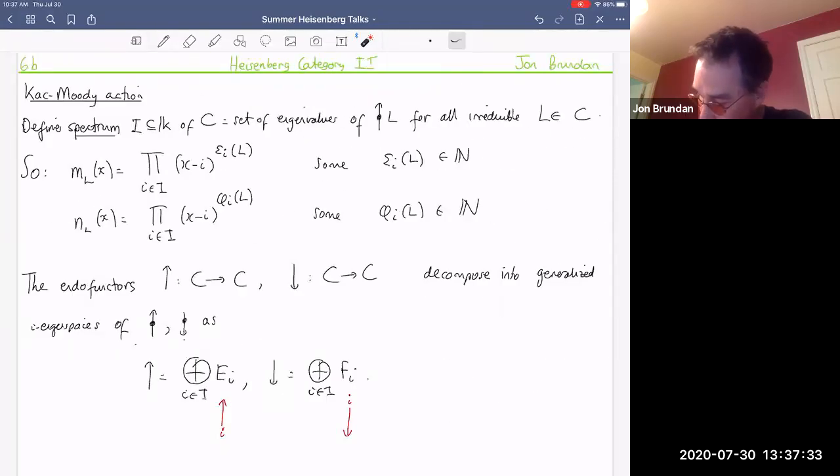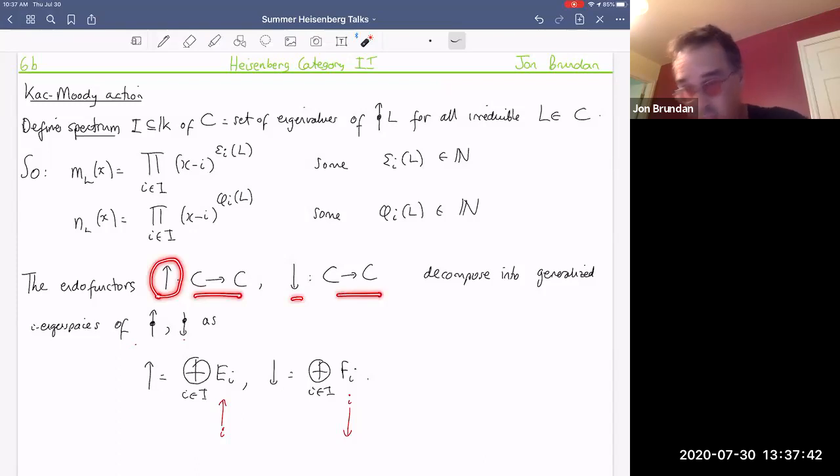So now I've got this endofunctor defined by the up arrow. It's an endofunctor of the category C, and the down arrow is an endofunctor of the category C. And these dots give me endomorphisms of these endofunctors. So I'm going to decompose them into generalized eigenspaces with respect to these dot endomorphisms. I'm going to call that E sub I. That's the generalized I eigenspace of the up dot acting on that functor.